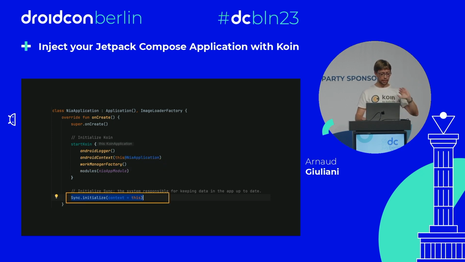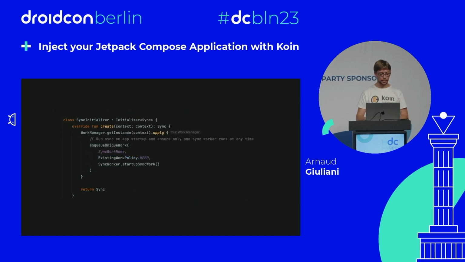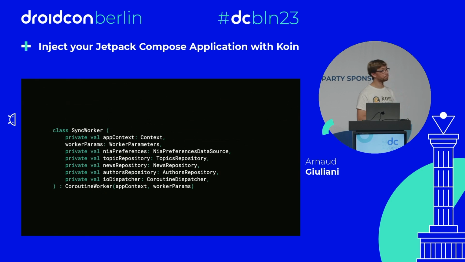And then inside the application, we are triggering the synchronization of the background job. And then we can enqueue a job worker here, and we are triggering our sync worker component directly. The only thing you have to do after the worker factory, and asking the work manager to enqueue some work, is just add Koin worker, and that's it. You're done.